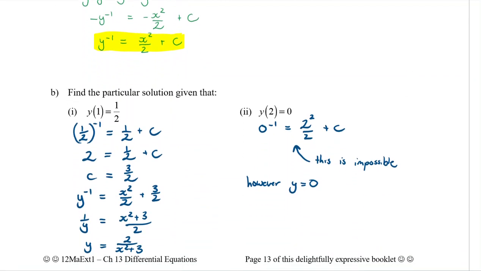So it does satisfy the y of 2 equals 0 and the differential equation. Is it impossible because 0 can't be the bottom of the fraction? Yes. Okay.